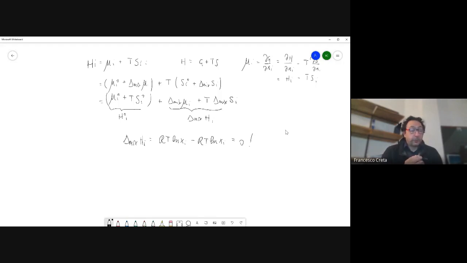So at constant pressure and temperature, mixing does not cause any sort of cooling or heating. So essentially, the partial molar quantity is equal to the molar quantity in the pure state plus no mixing.